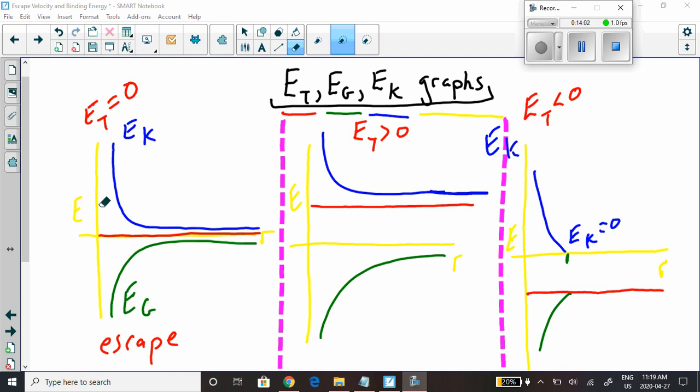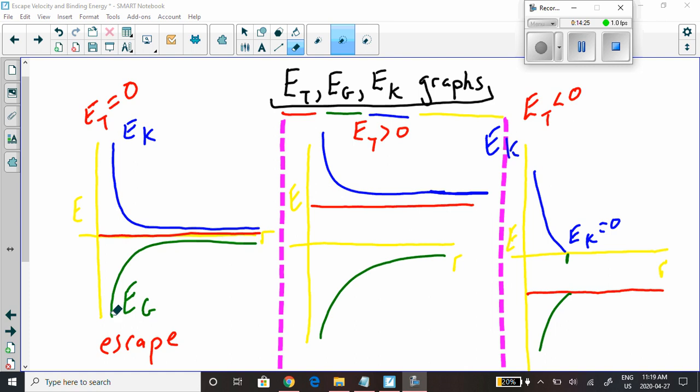So picture an object that's maybe on the surface of the Earth. Boom, it's launched. Well, as it goes higher and higher, it slows down. And as it slows down, the gravitational potential energy increases, until you would get to infinity. But they're approaching infinity here.